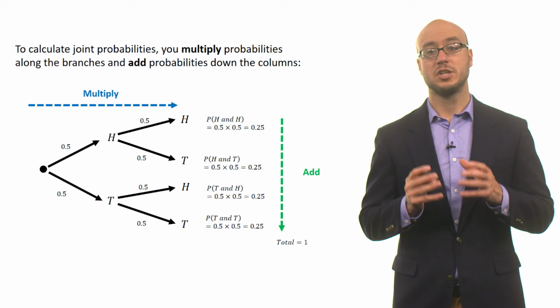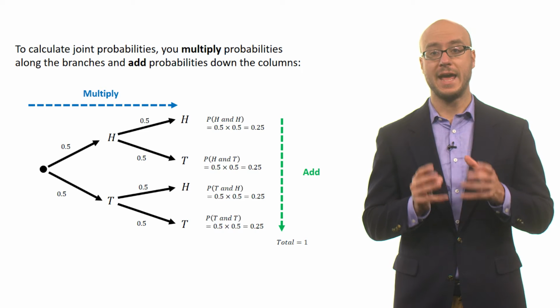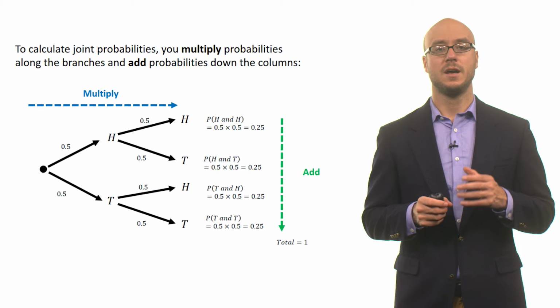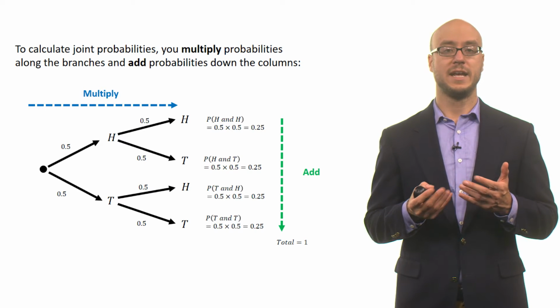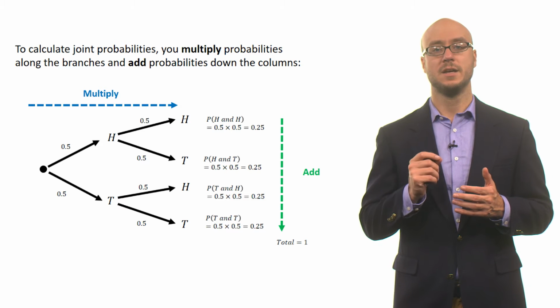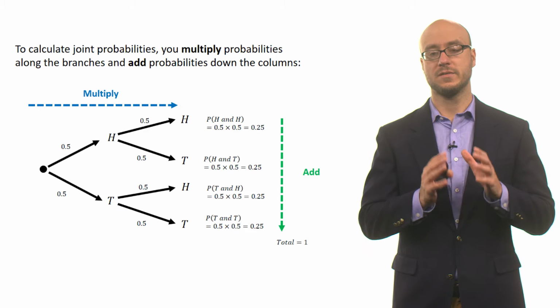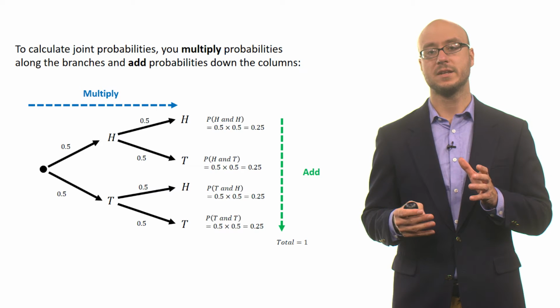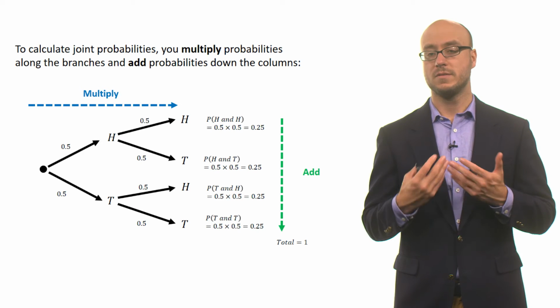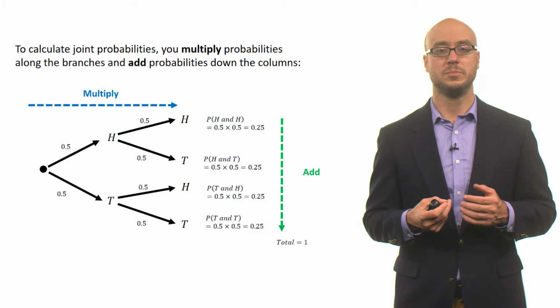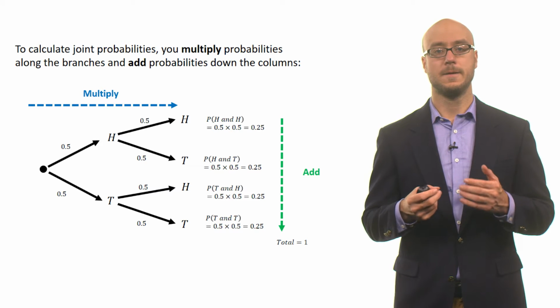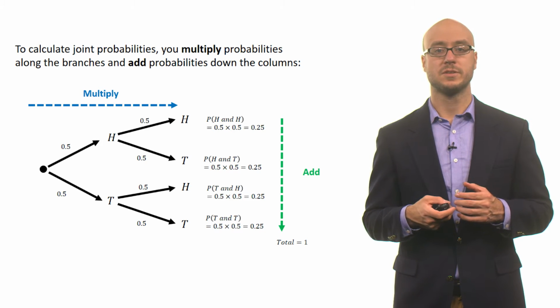And then that will give us the joint probability, the probability of getting a heads and a heads. If you want to find the probability of getting heads and tails, you just follow the branch to the first event of getting a heads and then the second event of getting a tails.